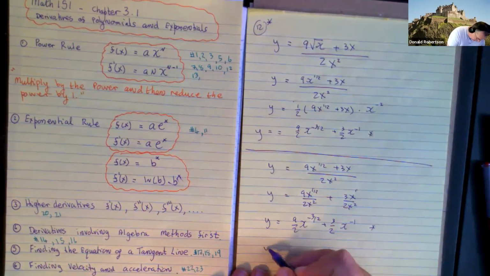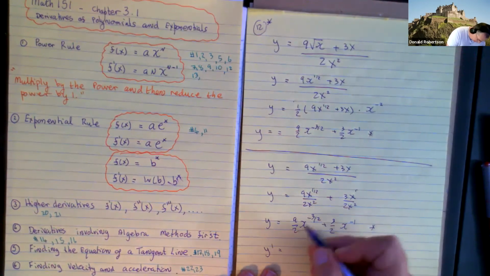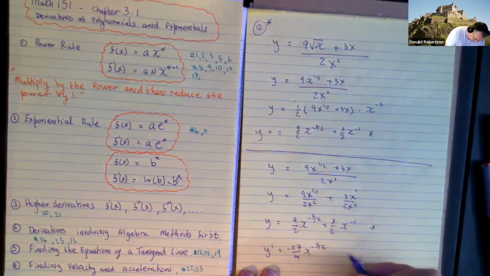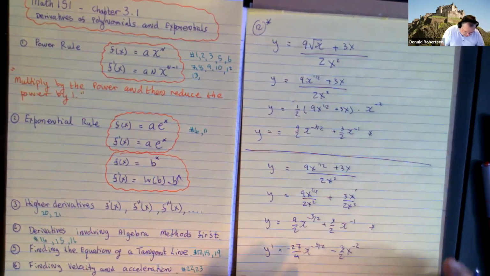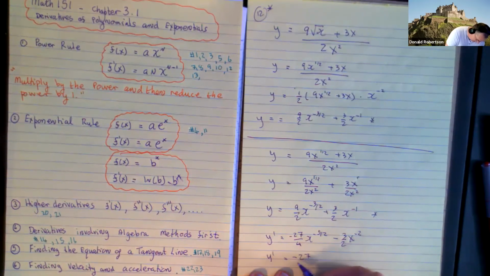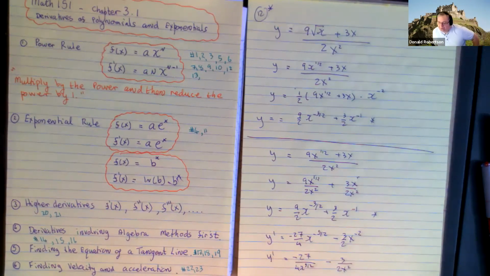And so the derivative is going to be multiplied by the power and then reduce the power by 1, multiplied by the power and then reduce it by 1. And then we have to try, as best we can, to make it at least partially presentable. There.